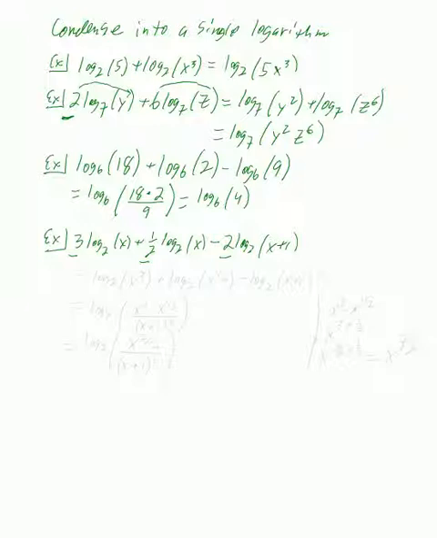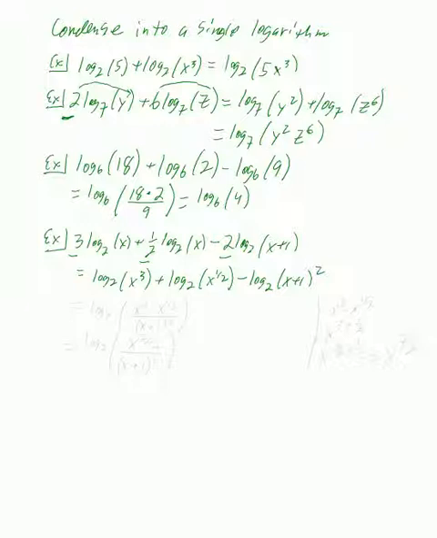So I'm going to apply rule number 3 first and bring those exponents up. So this is equal to log base 2 of x to the 3rd plus log base 2 of x to the 1/2 power minus log base 2 of x plus 1 to the 2nd power. Now I have all the exponents taken care of, which we've been doing first, which is necessary.